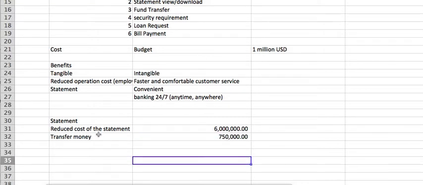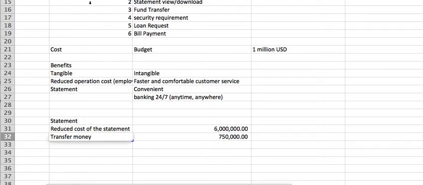This is the earning basically. Earning from transfer fund. Let's keep that as transfer.